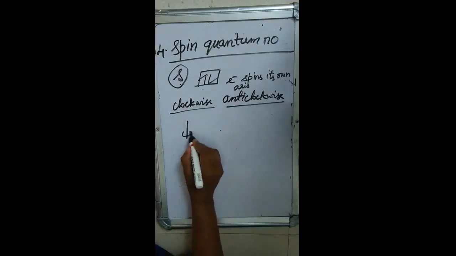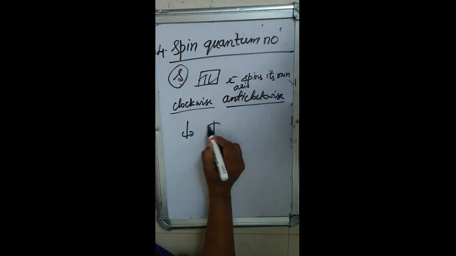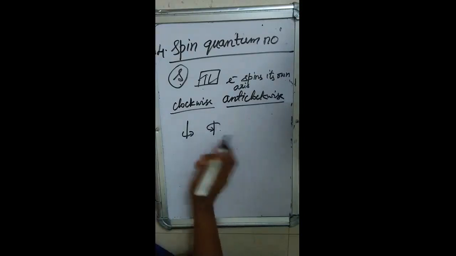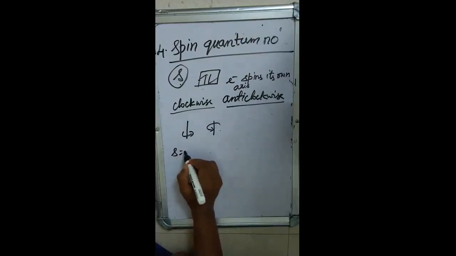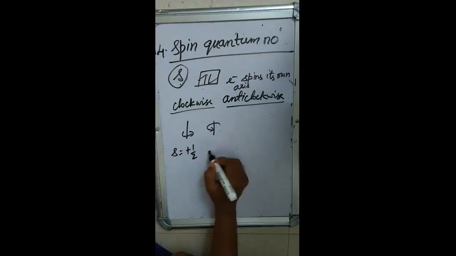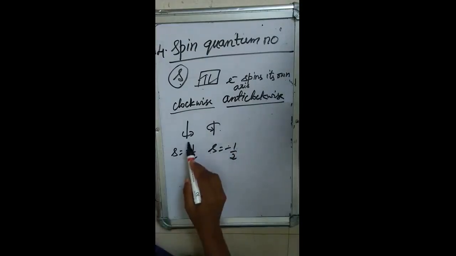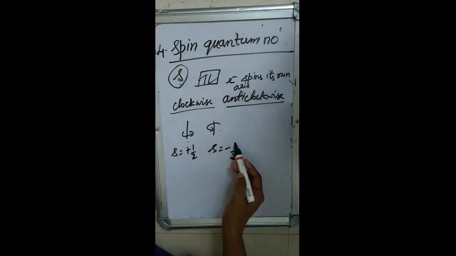Suppose this is clockwise direction, and like this, it is anti-clockwise direction. The value is given that S is equal to plus half and S is equal to minus half. Now I will select plus half for clockwise direction, minus half for anti-clockwise direction.